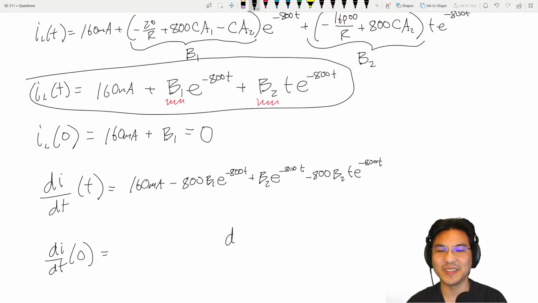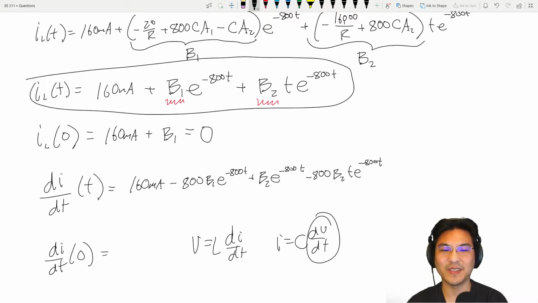But what is di dt? Again, right, multiple choice. dv dt shows up for the capacitor, di dt shows up for the inductor. So we're looking at the inductor.